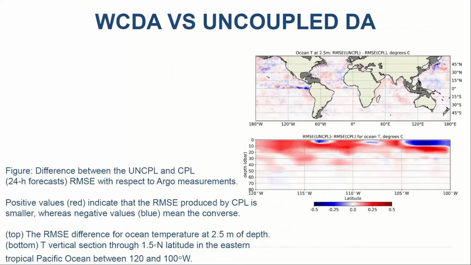This is the same result for the ocean component of the data assimilation. Here we see the ocean near-surface temperature in some zonal section of the ocean temperature, and sometimes it's red, sometimes it's blue. The differences are small and the results are quite neutral.